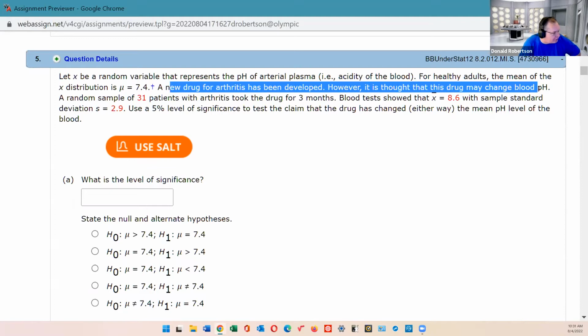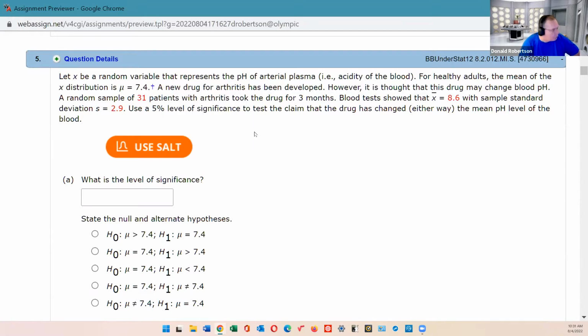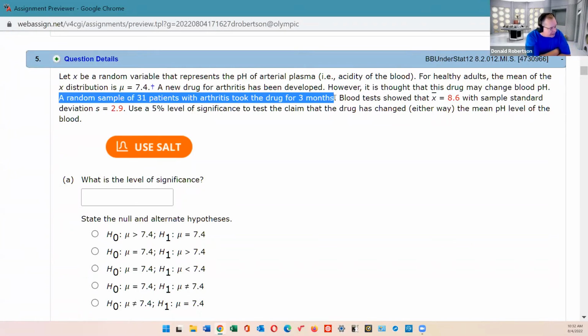However, it is thought that this drug will change the pH, so you need a test. A random sample of 31 patients who had arthritis and took the drug for 3 months. So that's who your sample is. Let me tell you right now, one of the rules you need for any kind of hypothesis test is, shouldn't your data be big enough?